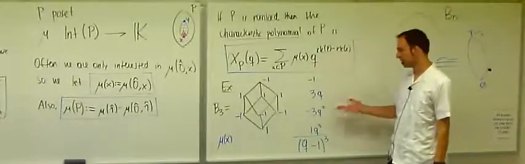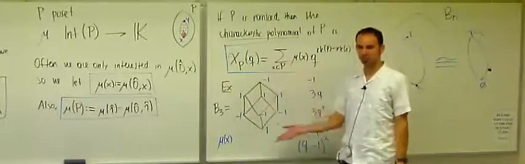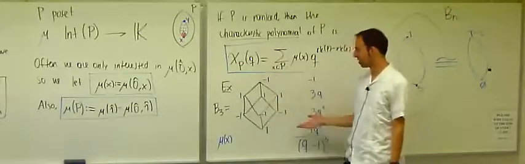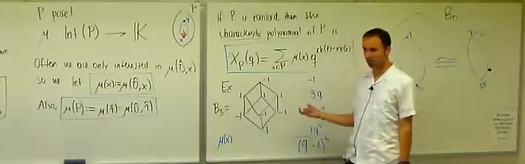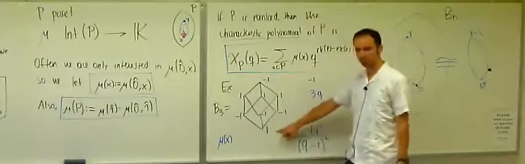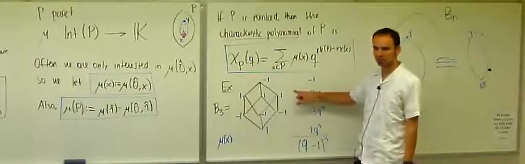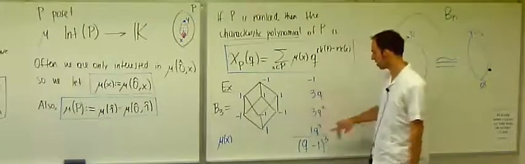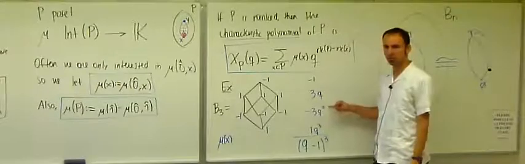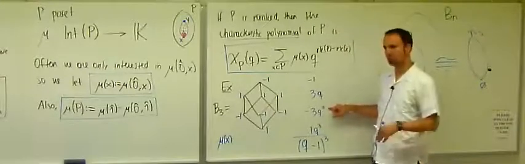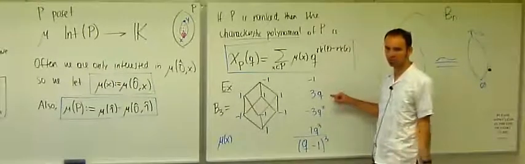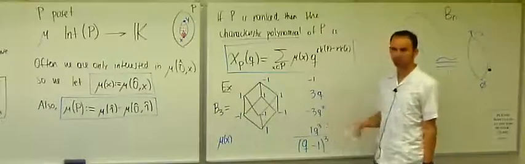Well, the reason is that these are all the subsets of a set of size n. And so we have n choose 0 of size 0, n choose 1 of size 1, n choose 2 of size 2, etc. And so all we have here is q to the n minus n choose 1 q to the n minus 1 plus n choose 2 q to the n minus 2, etc., which is exactly the binomial theorem.